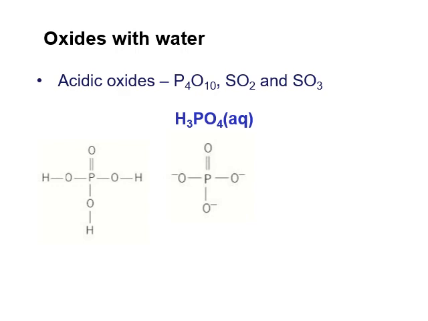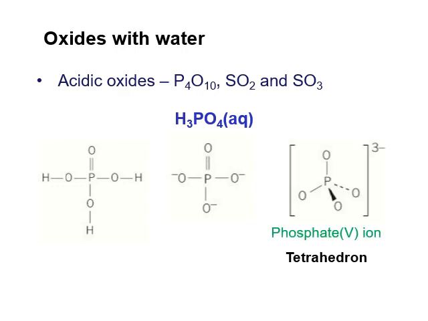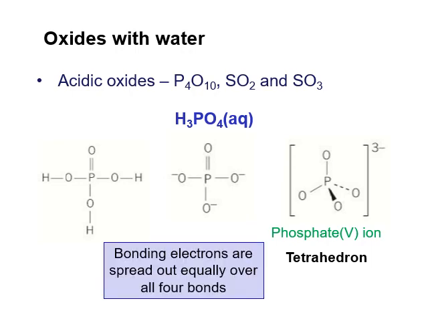It's like sharing the burden of those negative charges. So it actually spreads out across the whole phosphate ion, and that ion is tetrahedral. The bonding electrons are spread out equally over all 4 bonds, and that is what stabilizes the ion and makes it so good at losing those H's that it had to start with.